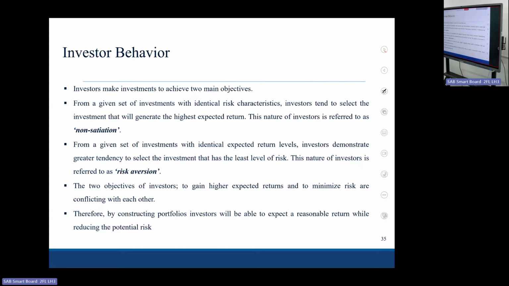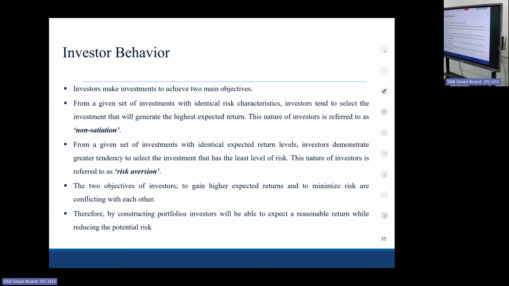With the same expected return, the risk level of X is 3% lower, so there is no point in having high risk. So you may select X. That is correct.